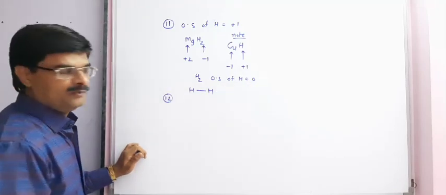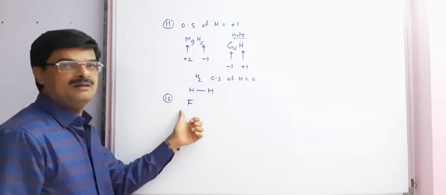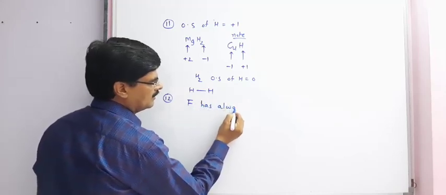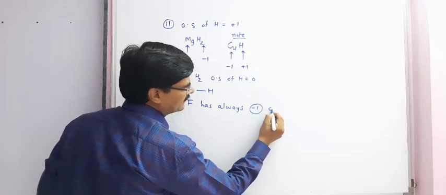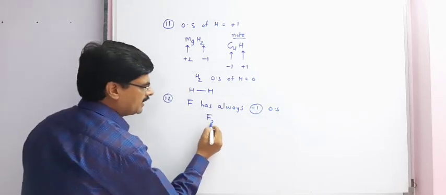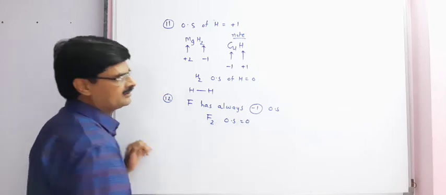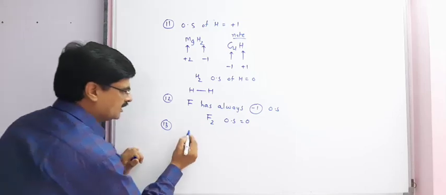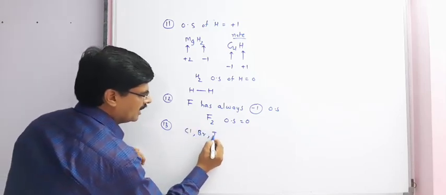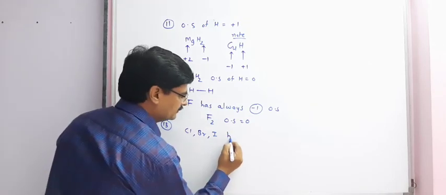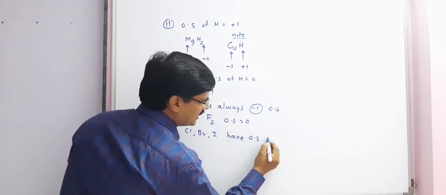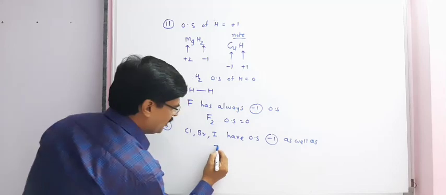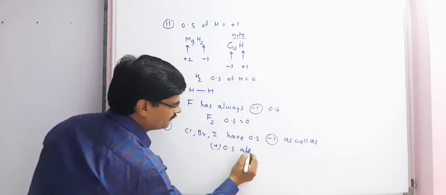Next point, for halogens, for example fluorine, fluorine always has -1 oxidation state. Only in the molecule F2 does it have oxidation state equal to 0. Other halogen atoms like chlorine, bromine, iodine have oxidation state -1 as well as positive oxidation states also.